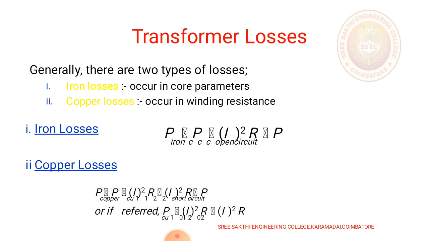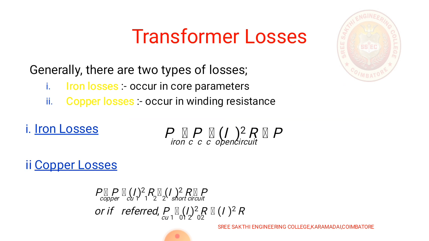Because the core flux remains constant for all the loads, the core losses also remain constant. Here the formula is given for iron loss, that is P iron equal to P C, which is equal to I C square into R C, equal to P open circuit.